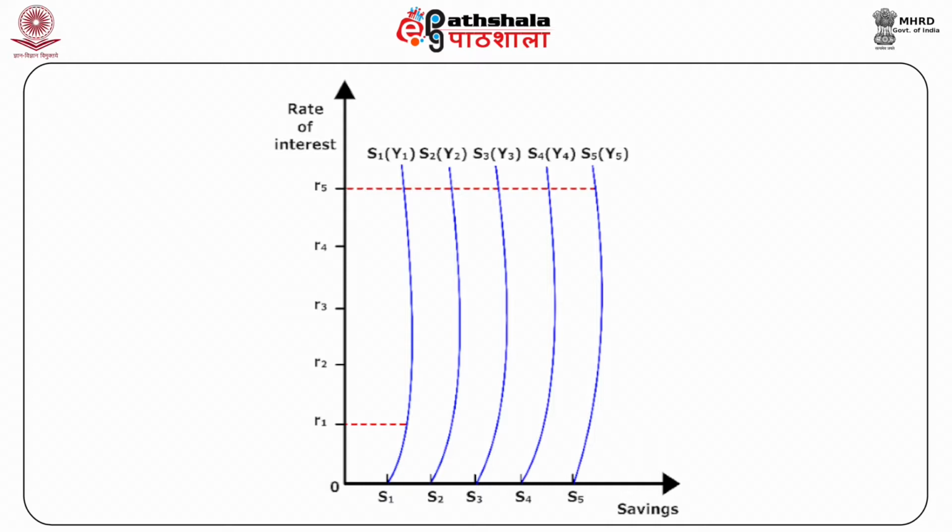Similarly, we could derive after S1 Y1, S2 Y2 and so on, 2, 3, 4 or even 5 savings functions. The sum total or the set of these savings functions are known as a family of savings functions. You would notice now that this is different from an ordinary savings function, which is actually measured on the y-axis and is a linear function.